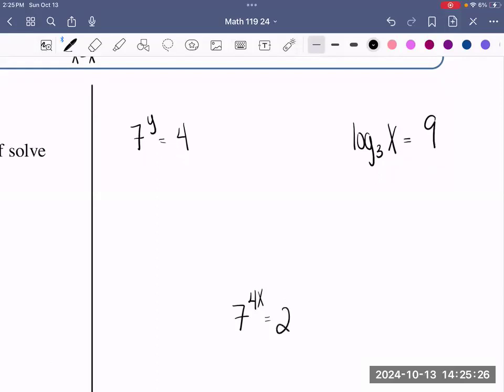Okay, so see if we can rewrite these as their opposite counterpart using, instead of the swoop method, let's try to use the inverse method.